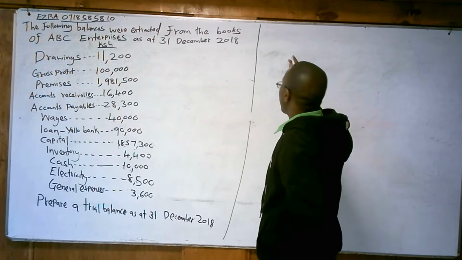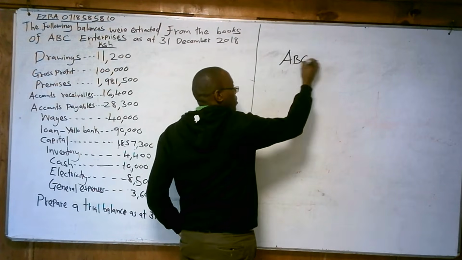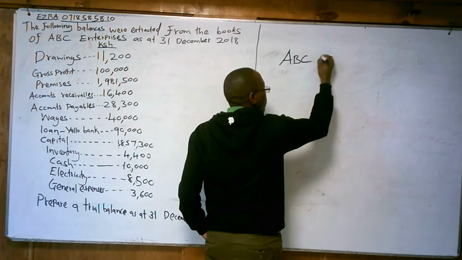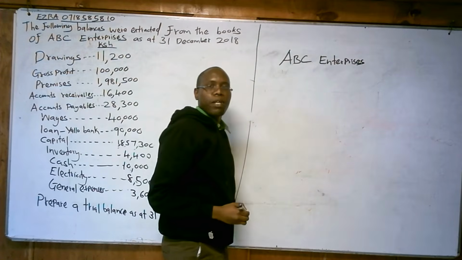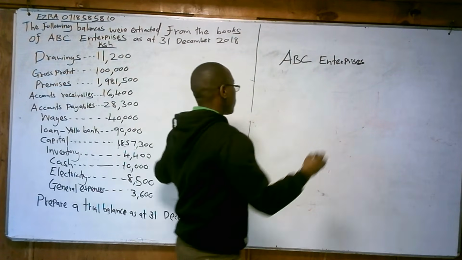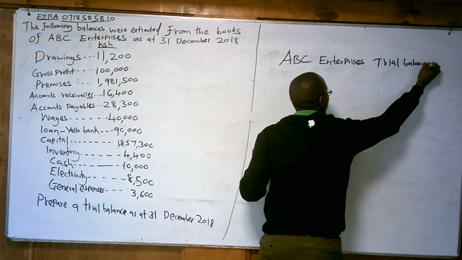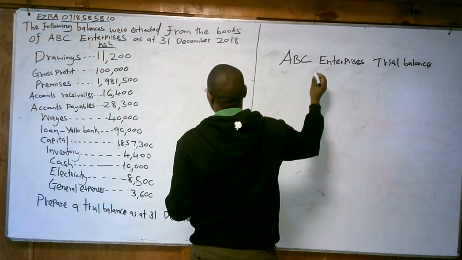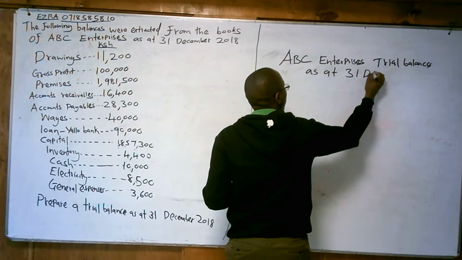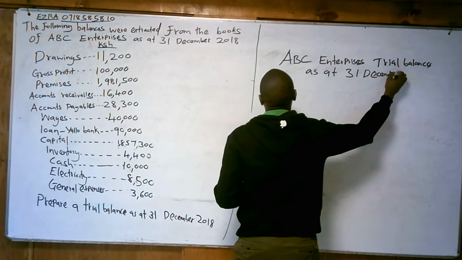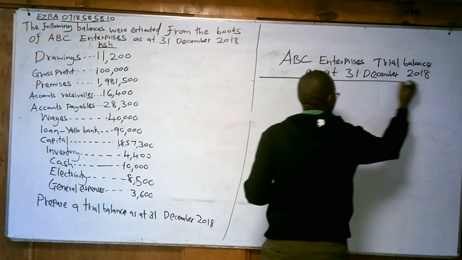The title is ABC Enterprises, so I'm going to write ABC Enterprises trial balance as at 31st December 2018.